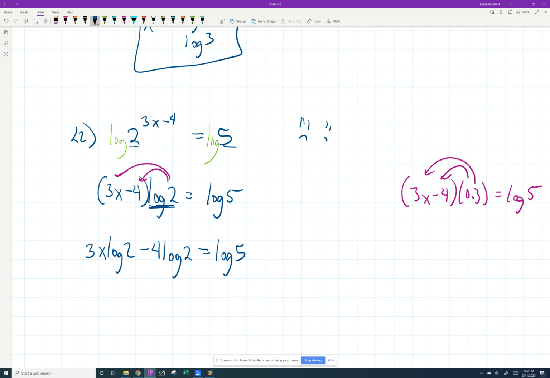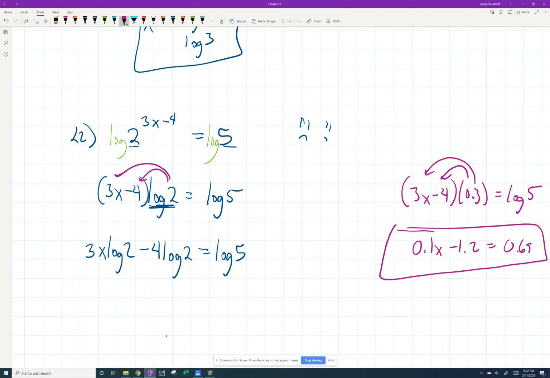The logs look scary, but you just kind of have to remember that they are numbers. If you were doing this one, you would add 1.2 to both sides, right?